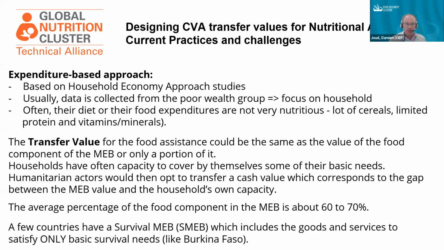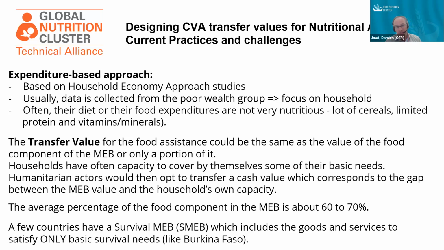So the other way that we design the MEB is based on the expenditure-based approach. I don't know if you are very familiar, and I'm sure if you work with Save the Children or other organizations, they use it a lot as they developed it. So the aim is to look at how much people spend on food, and usually we look at the poor wealth group, so let's say the poorer people, the most vulnerable.